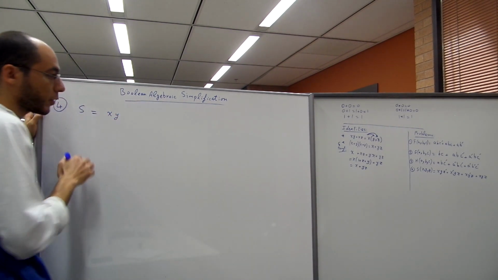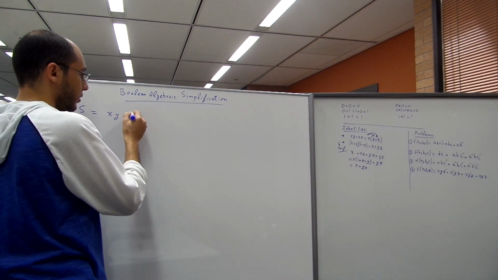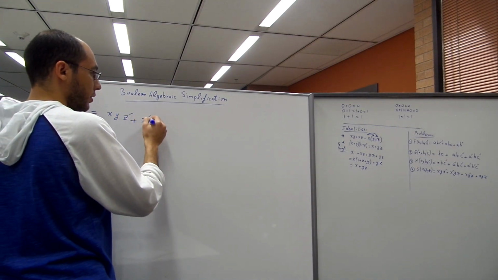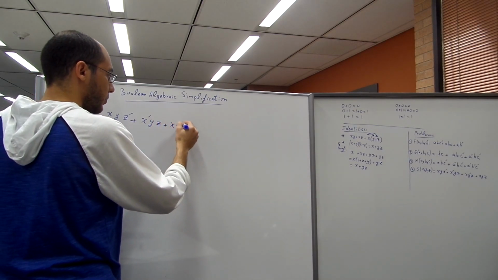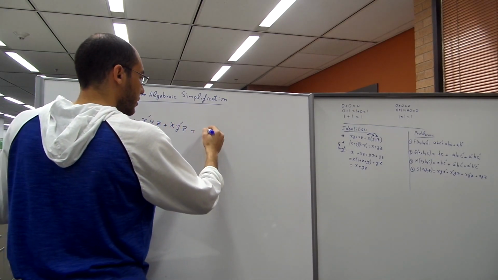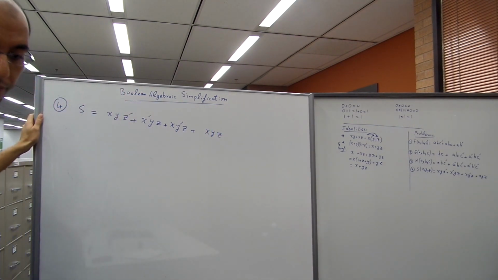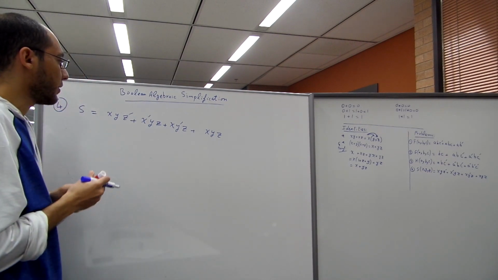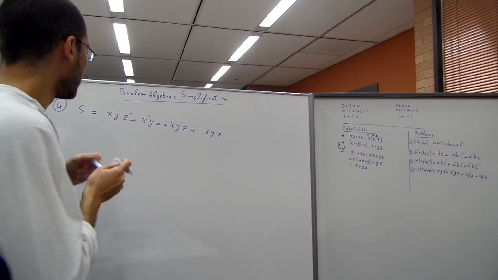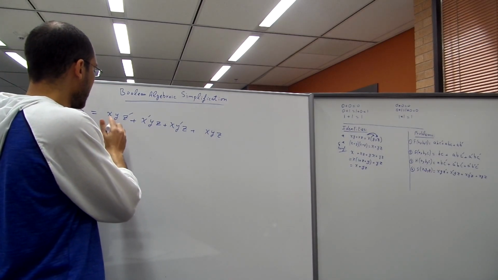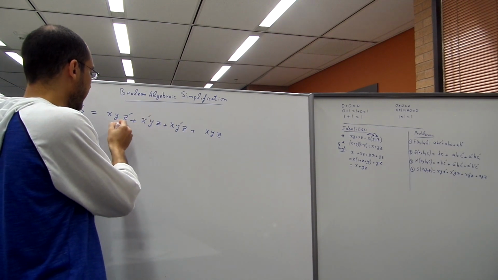The fourth problem says that S equals xy z bar plus x bar y z plus x y bar z plus x y z. So if you look at this problem, you'll find that this term and this term, comparing them together, the y is common.